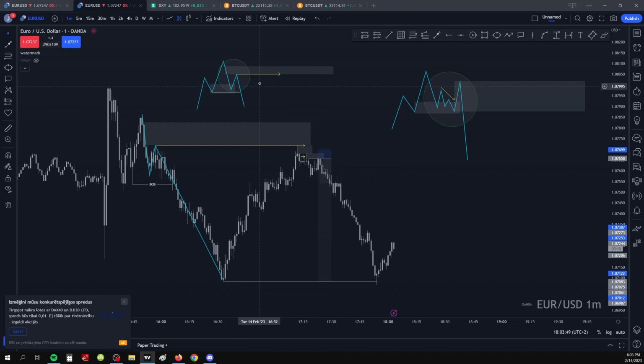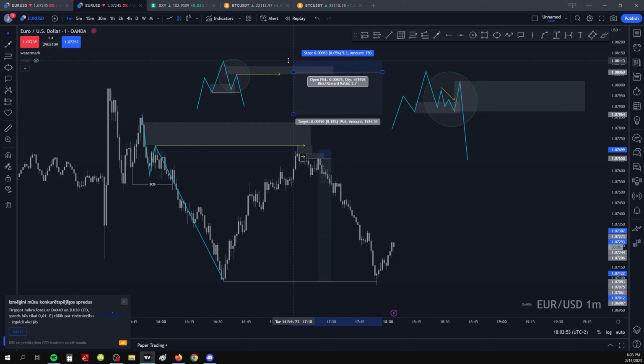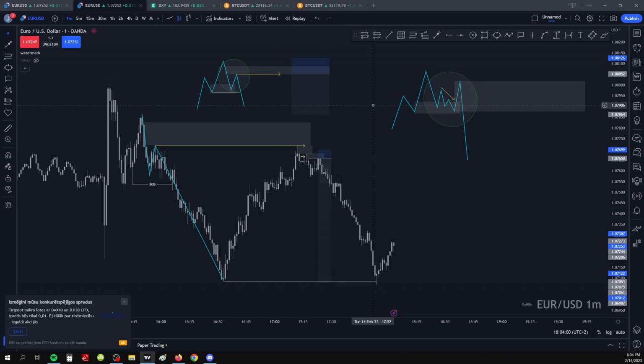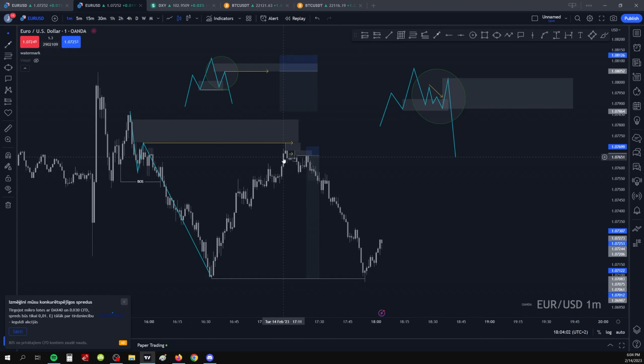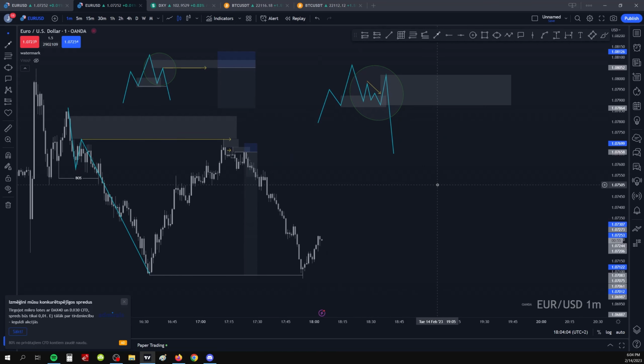This is also valid if you take the entry above. If not, just wait for the confirmation. What is the confirmation?